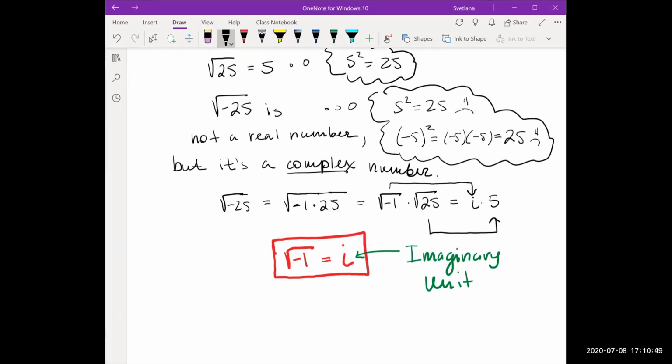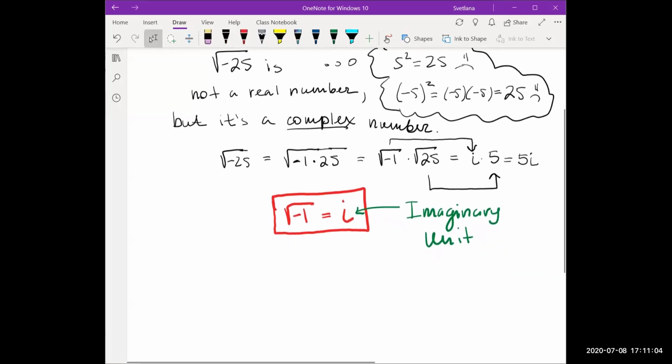Now I have i times 5, and that can be written as 5i. I can just change their places. If I have x times 5, I can write 5x. Same idea. So I can write 5i. And if I write it in short, I can say that the square root of negative 25 is 5i. And 5i is a complex number.